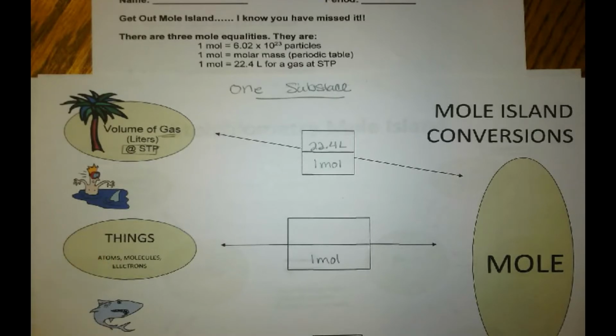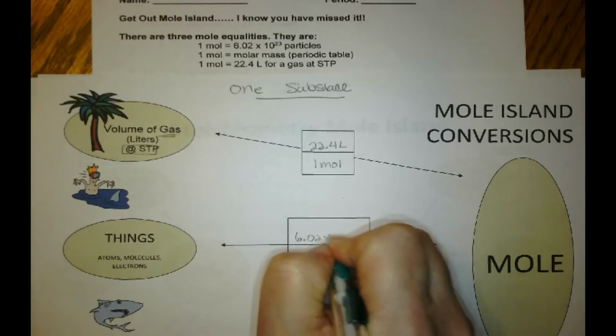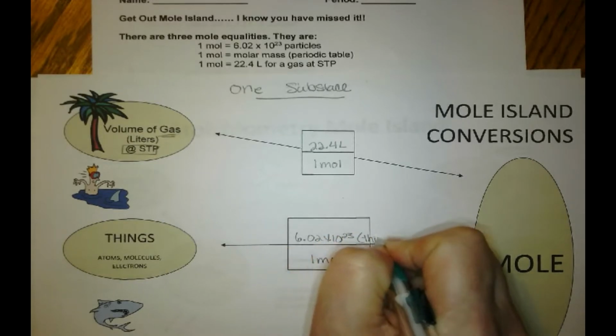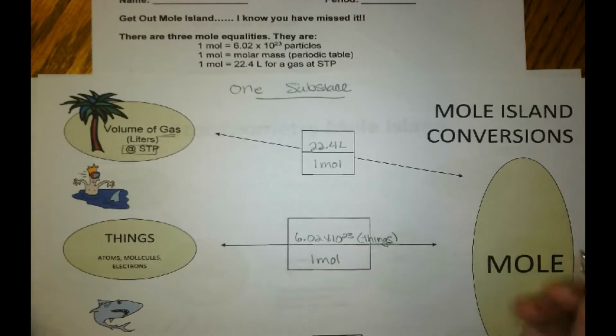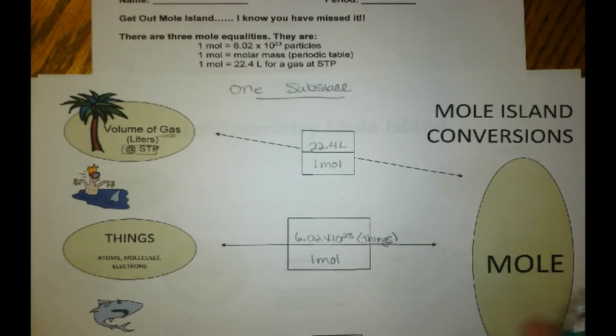That's what we talk about in chemistry. We have Avogadro's number, which is 6.02 times 10 to the 23rd, and this could be things, but remember, this is just a counting number. If I say a dozen, it's 12. If I say a mole, it's 6.02 times 10 to the 23rd.